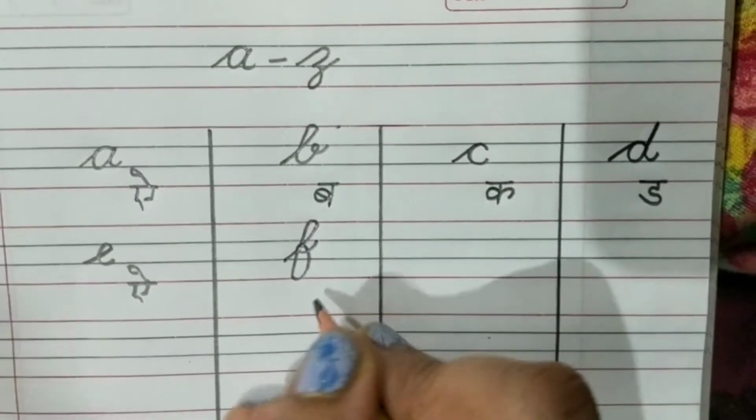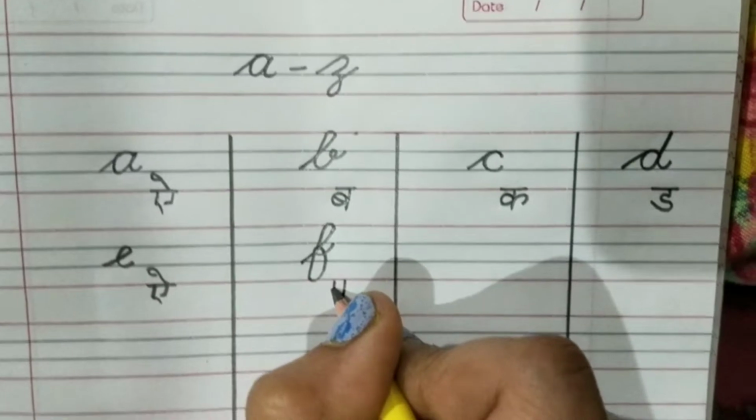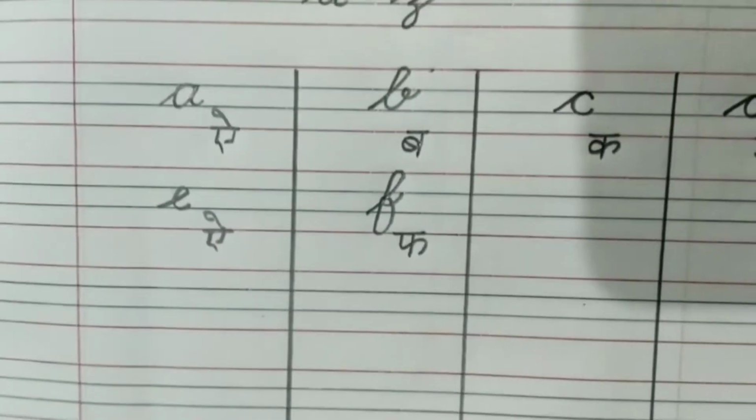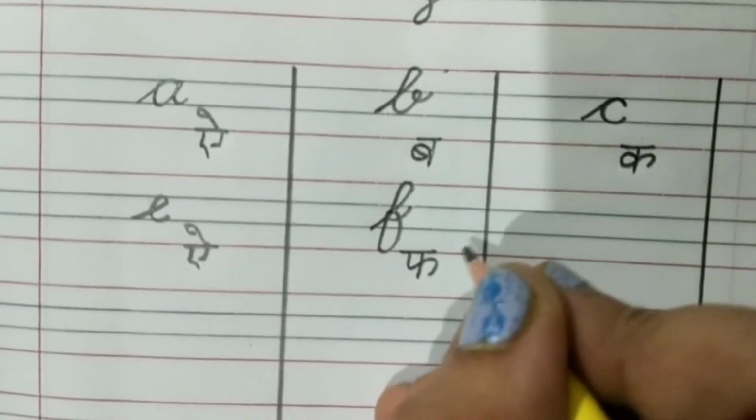F says F. F fan, F frog, F fish, F flower.